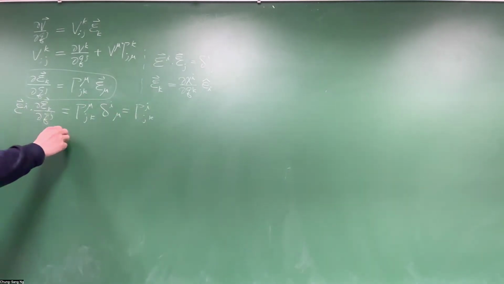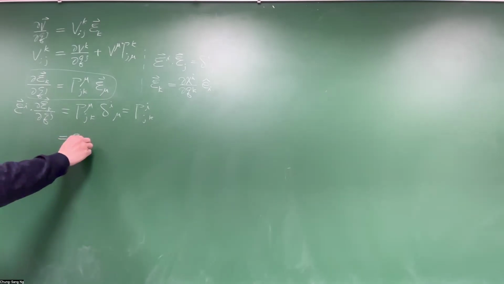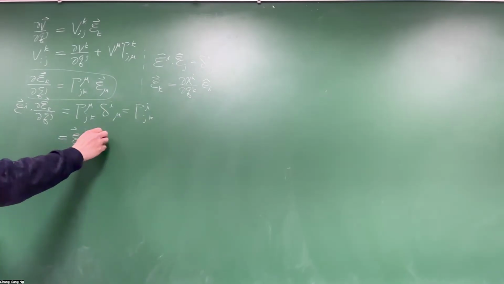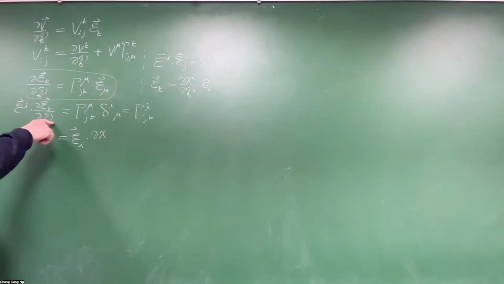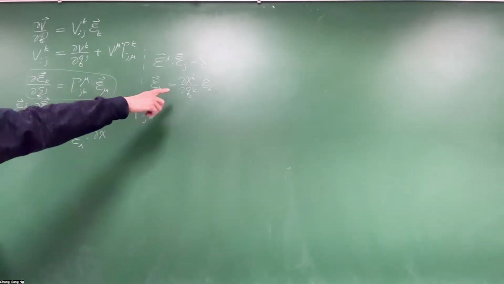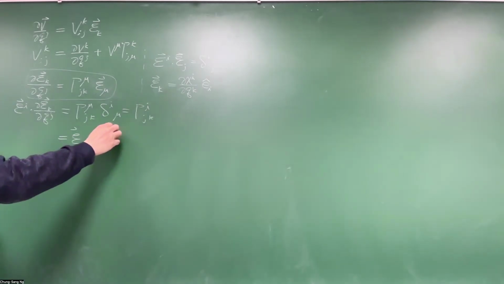Right, and now you can use this one and substitute into this one. With this one, you can say this equals that, and also equals, just dot in and substitute this in here, except that I cannot use i. I cannot use j or k, this is already k. Let's say l.